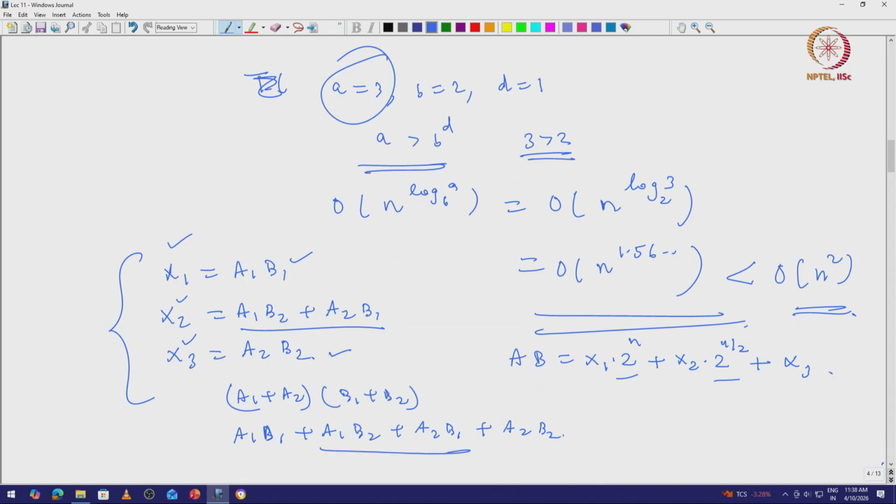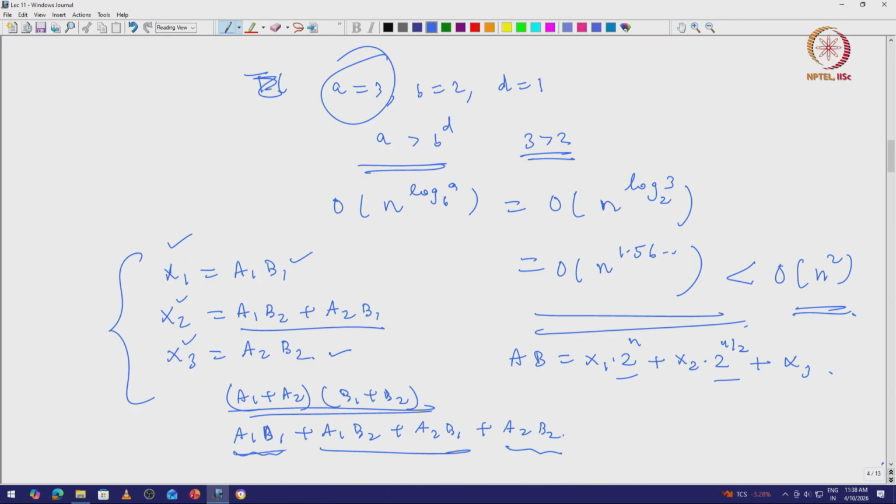So, if you want this alone, from this product you subtract this, but that is a subtraction. But I am able to get this value with one multiplication and some addition and subtraction, but that is linear.